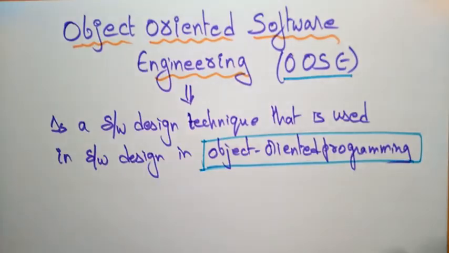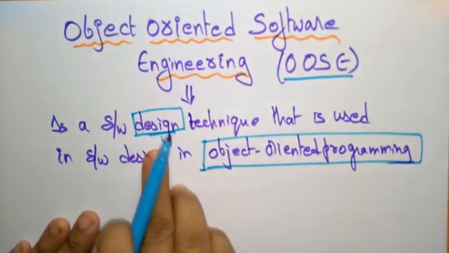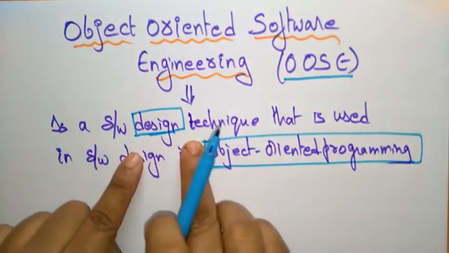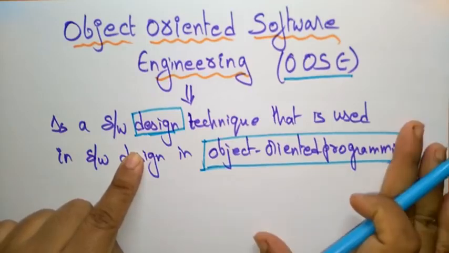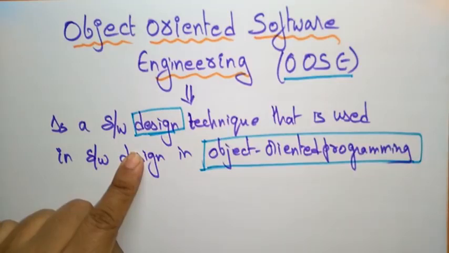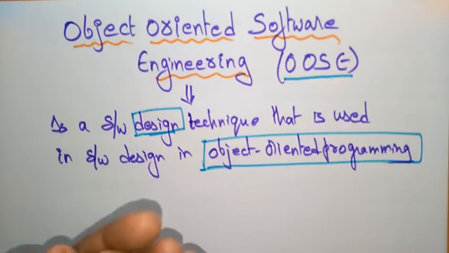The main thing is that it is a software design technique. Remember this point. Here only we are designing the product: what the attributes, objects, classes, methods and functions are that we use to develop any web app or product. We are designing the classes, objects, functions and methods.